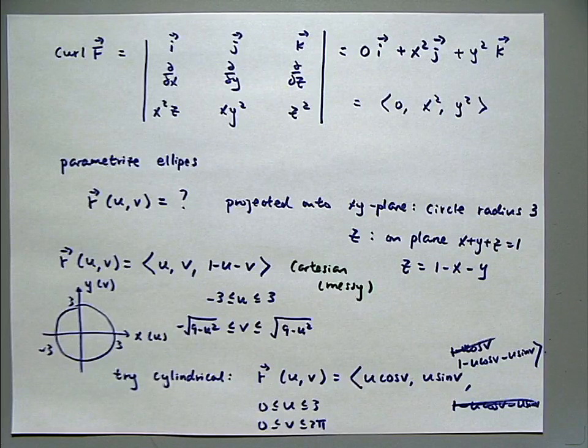Same story. u sine v cosine v minus u cosine squared v. And then minus all of this stuff. So negative u sine v cosine v, minus minus, so another minus u sine squared v.